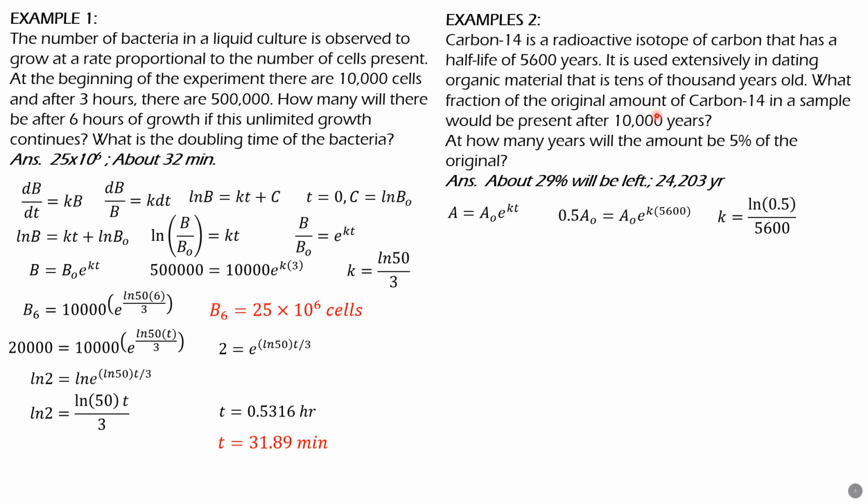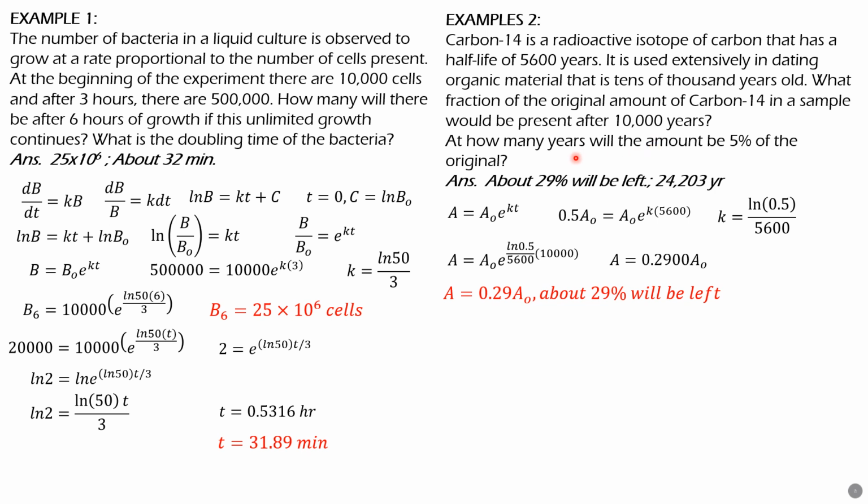After 10,000 years, the amount left would be AO e to the ln of 0.5 over 5,600 times 10,000. Using your calculator, A is equal to about 0.2900 of AO. So that means A is 0.29 of AO, or about 29% will be left after 10,000 years.